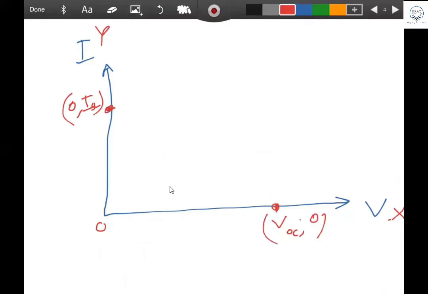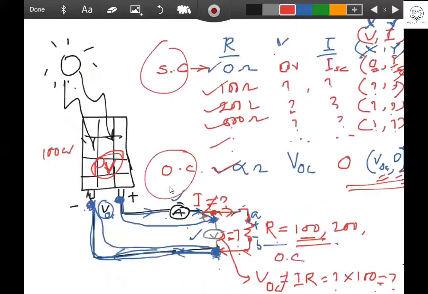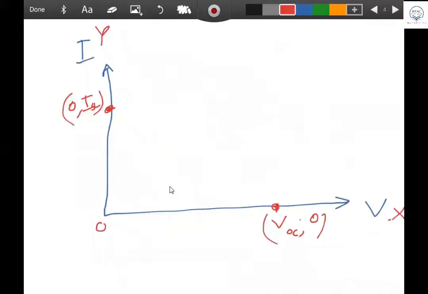Now if we go to other points like 100 ohm, 200 ohm, 500 ohm, lots of data. After doing the experiment, he got the data and plotted it, and the points are here, here, here, like that.